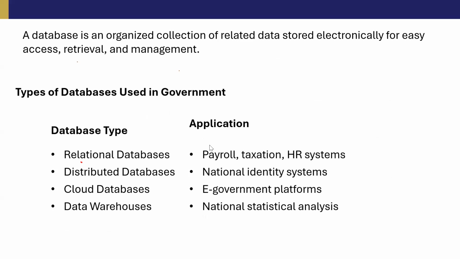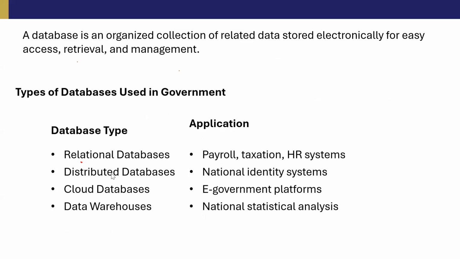So we have a database that will collect related data, store them electronically so that we can be able to access it easily, retrieve it, and manage it. So we are not saying there are no problems. There will be problems. But if the problems are there in the database, what type of database are we using?